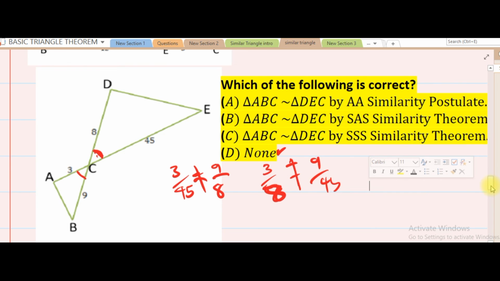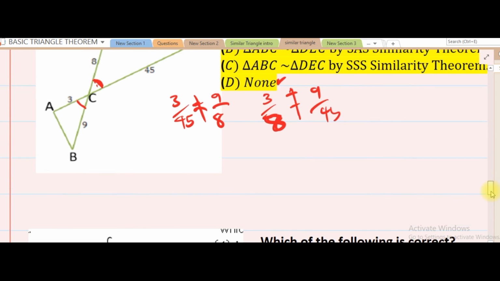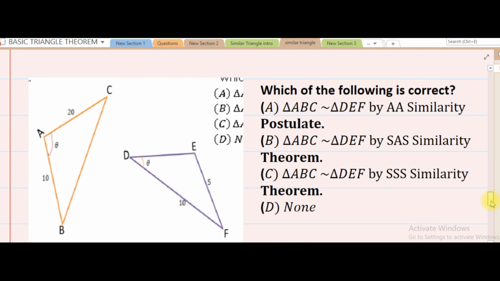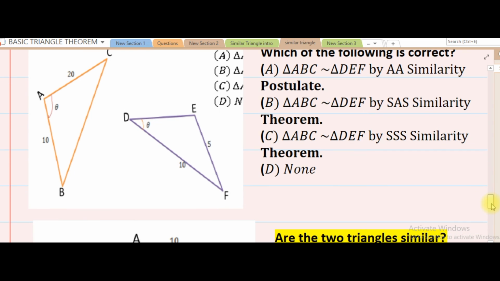The next one, we are given which of the following is correct. Let's check. We are given side angle side, but here we are not given this side; we are given this. There is a problem.